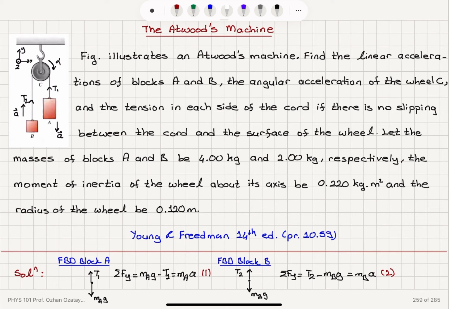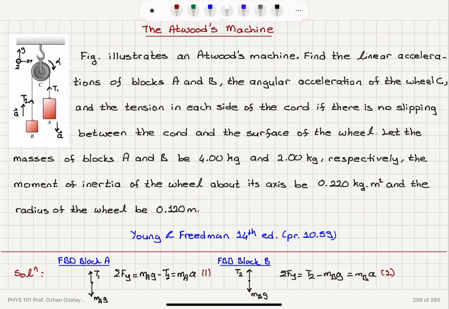From the free body diagram of block A, we have two forces acting on it, tension T1 and its weight. The net force is MA times the linear acceleration A. This is the common acceleration of A and B. B would have two forces, T2 and MBG, acting on it.